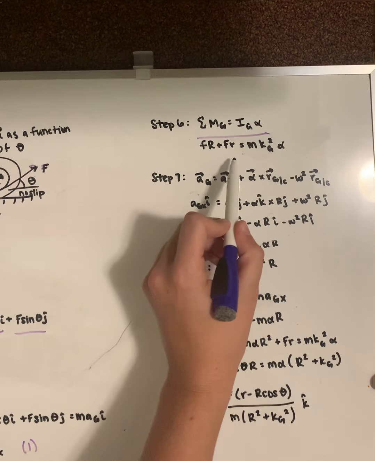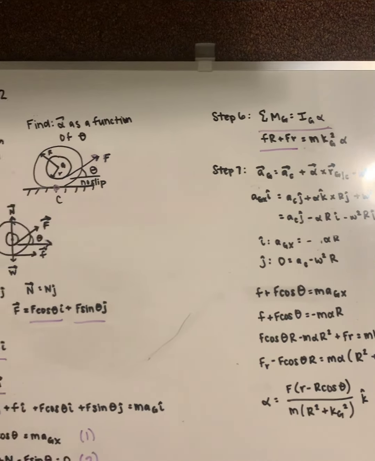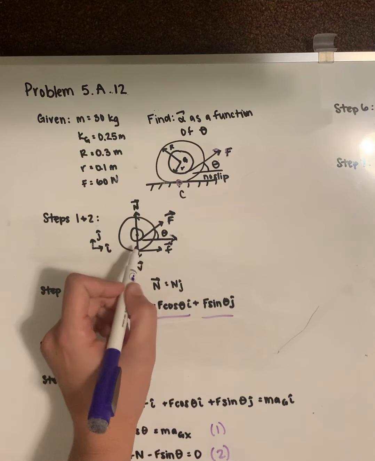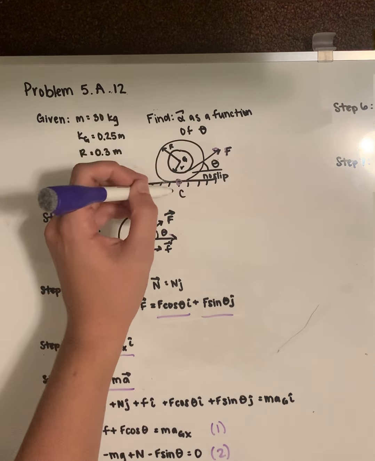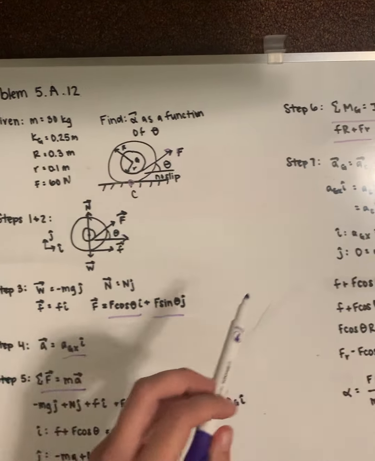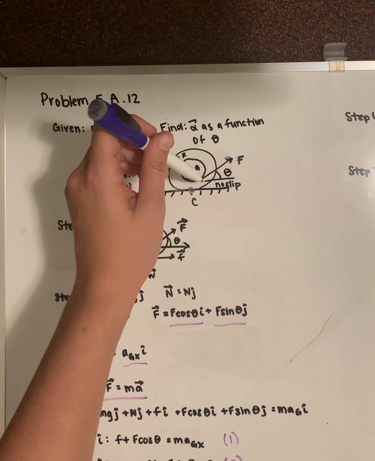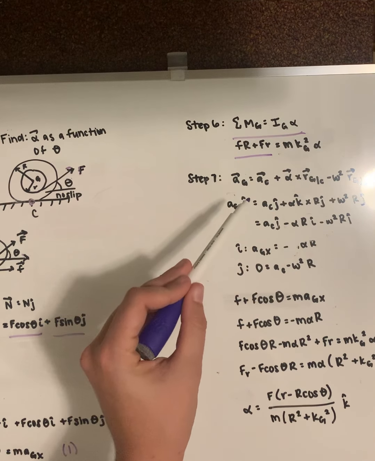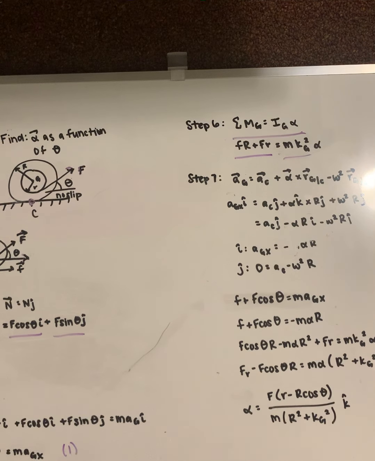Our sum of moments here will be for our two forces working at a moment arm about G. Our friction force is working about G from the big R, so our friction force will be F times big R, and then the applied force is working at a radius of little r, so that'll be F times little r. And then the moment of inertia about G is mass times the radius of gyration squared.